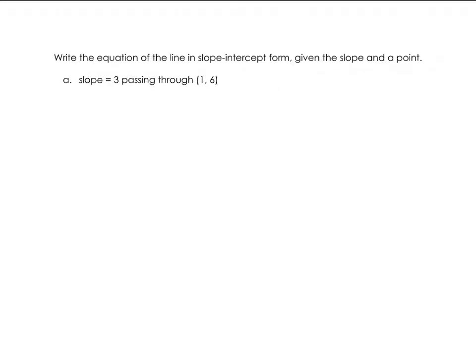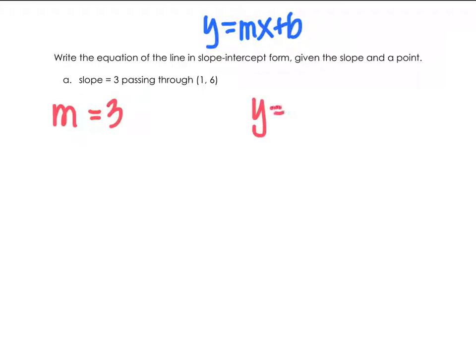So let's start with the simple case where we already have our slope. Write the equation of the line in slope-intercept form. Now, I always want to remind myself slope-intercept form is y equals mx plus b. Now, looking at this first situation, I know my m is equal to 3. So I have y equals 3x plus b.